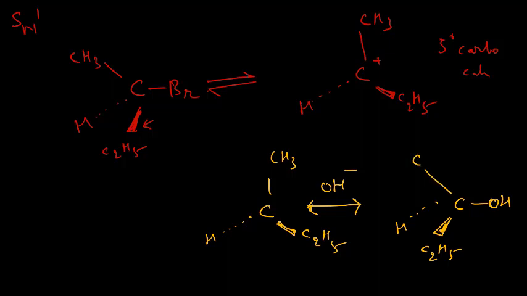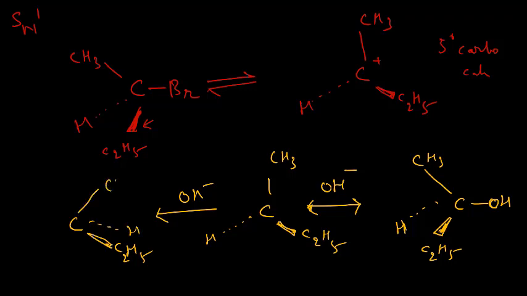The bonds represented by normal lines lie along the screen or paper. The dotted line shows the bond behind the screen, and the solid wedge shows in front of the plane. And of course here, if the nucleophile attacks on the opposite side, then we get it in this manner. So this is a solid wedge C2H5, and this is a dotted line, and this is CH3, and here in this manner.